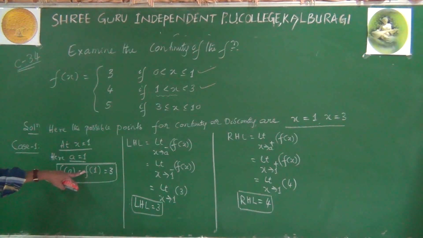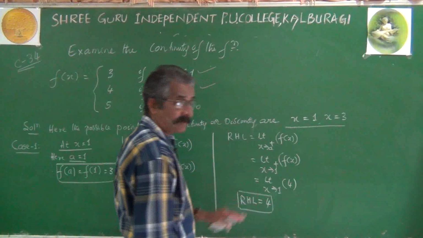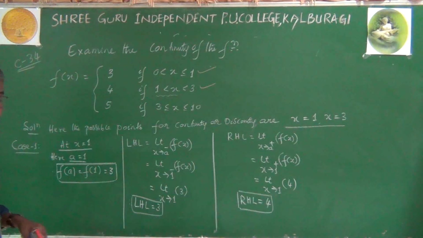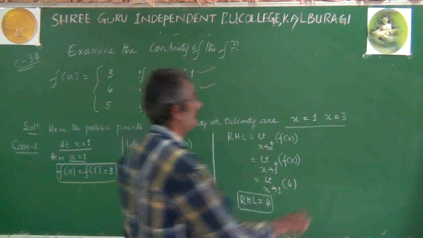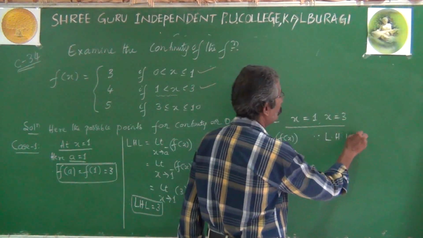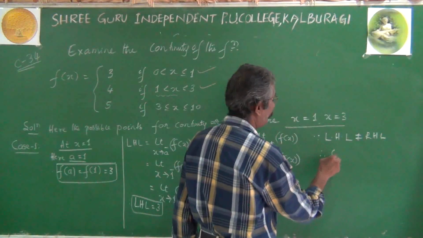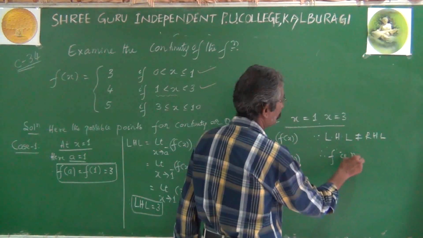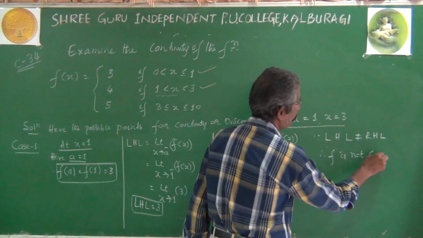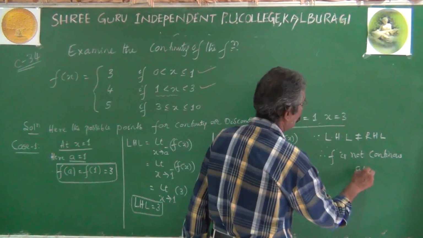Now f of 1 is 3, LHL is 3, but RHL is 4. So the function is discontinuous. Since LHL not equal to RHL, therefore f is not continuous at x equal to 1.